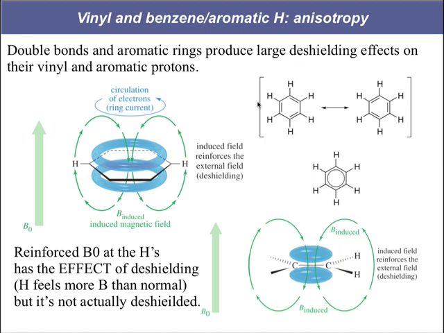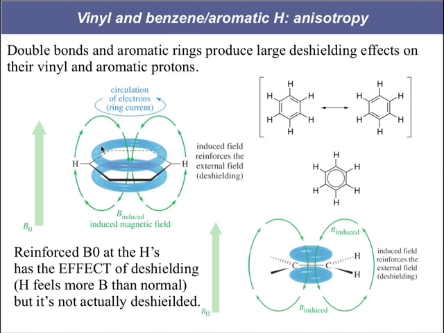We call it diamagnetic anisotropy because this comes from aromatic systems where all of the electrons are paired. And you might remember from general chemistry that a system that has all the electrons paired is called a diamagnetic system.